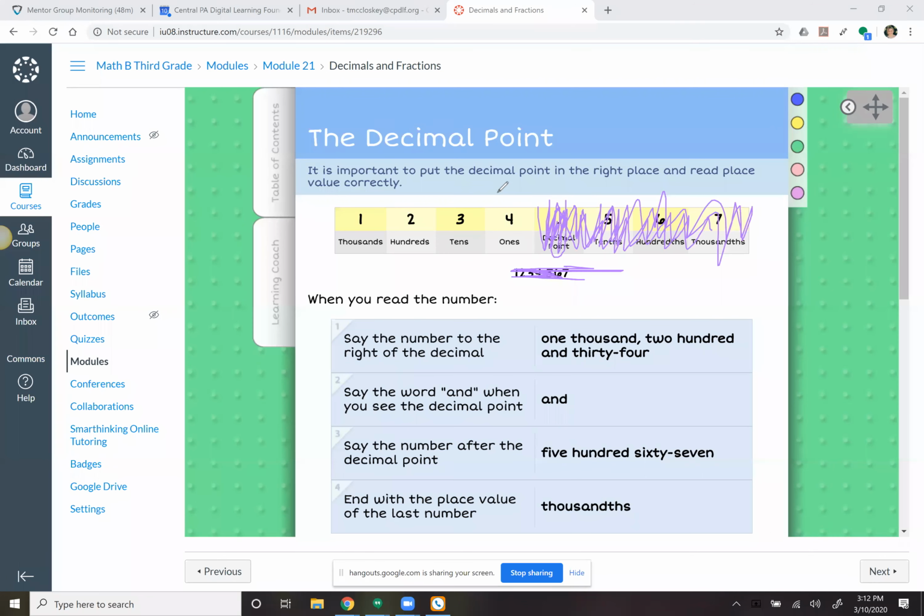So I'm going to use little tally marks. 1. Let me change my color. Let's go green. 2, 3, 4. Okay. Now the 3 is how many?